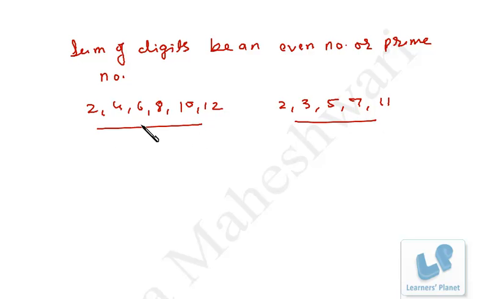So we have to calculate the probability of an even number, the probability of a prime number, then we have to deduct the combination of the even prime number, that is the number 2. Right? So I hope you can do this problem. This is quite similar to the previous one. That's the probability of getting an even number plus the probability of getting a prime number minus the probability of getting even and prime. Right? So you have to deduct the probability of the number 2, that is, when the sum is 2. Okay.